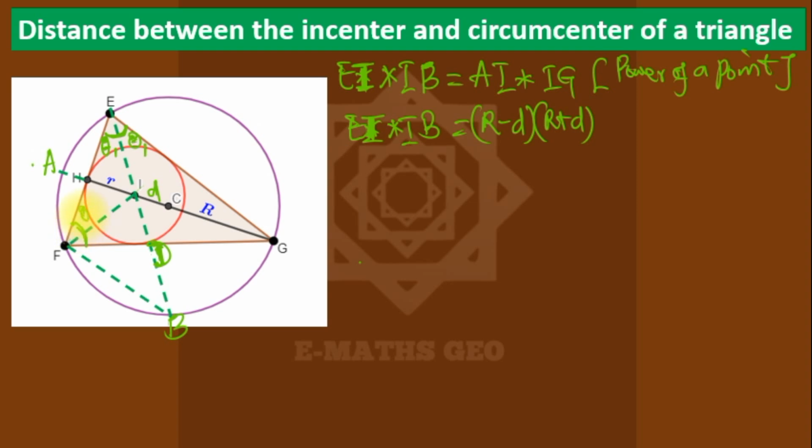If we call here theta 2, here is also theta 2. So by the exterior angle theorem, this angle will be theta 1 plus theta 2. Here is theta 1 plus theta 2, here is theta 2.